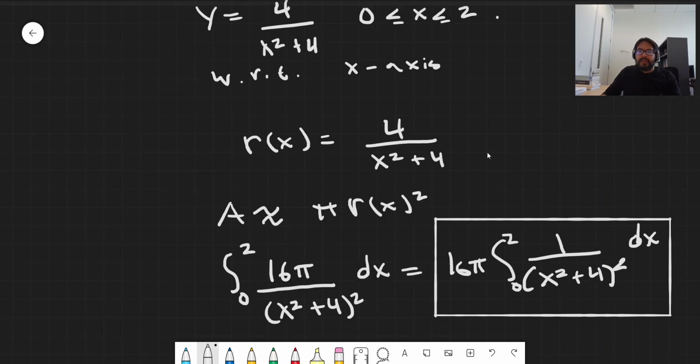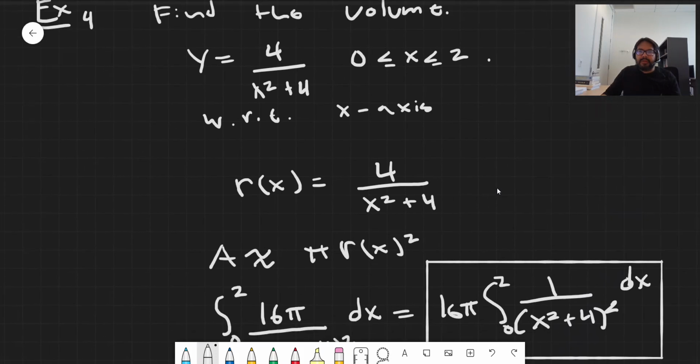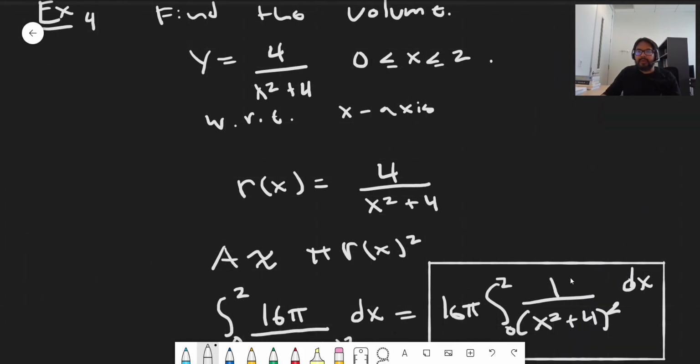Now, I would say it may be best to go ahead and try to work it out on your own, to see if you can figure out what the integral of this equation is.